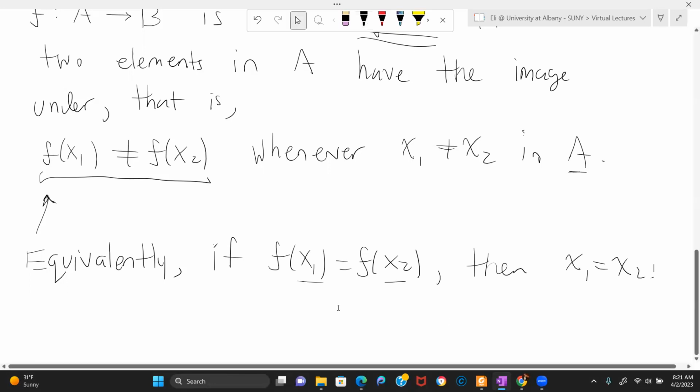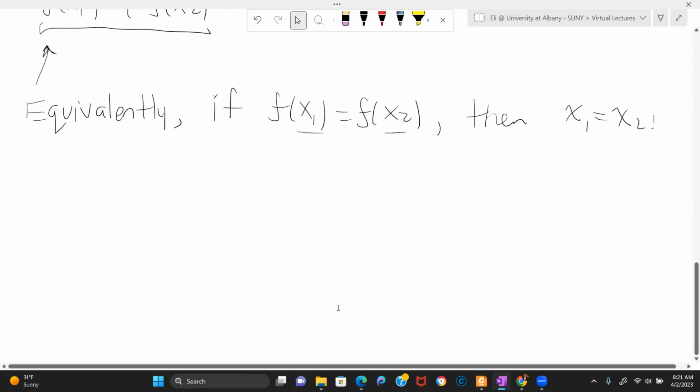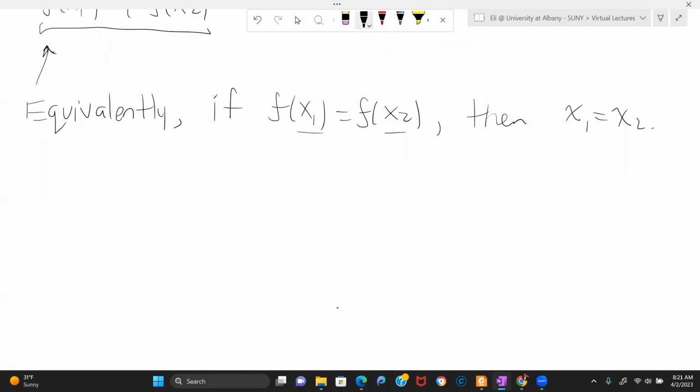From this, if we're thinking about real valued functions, functions from the real numbers to the real numbers, which is basically all we're going to think about, we actually immediately get the so-called horizontal line test.